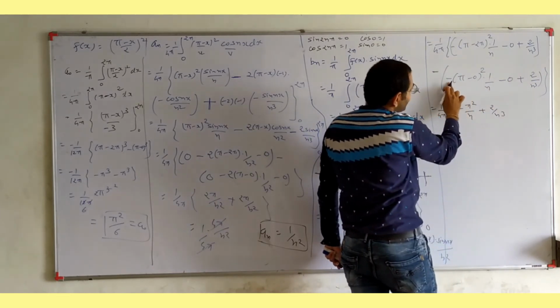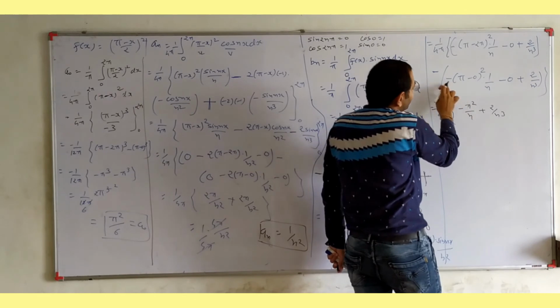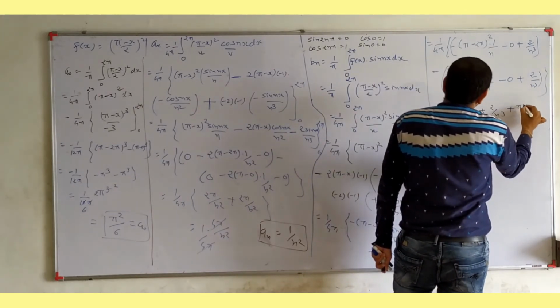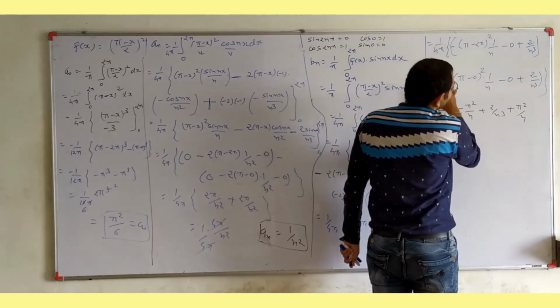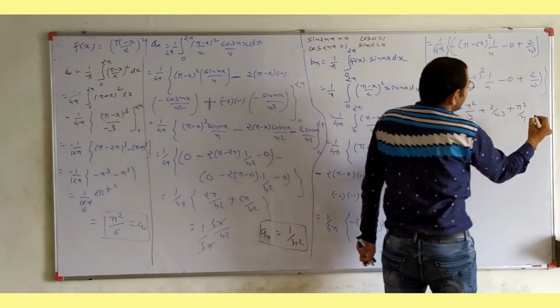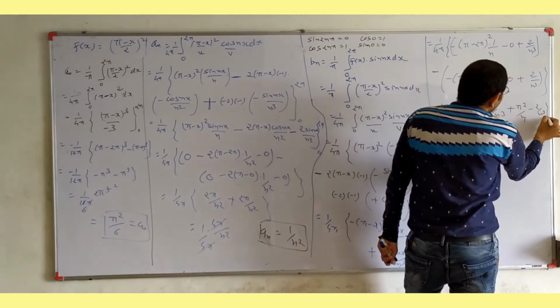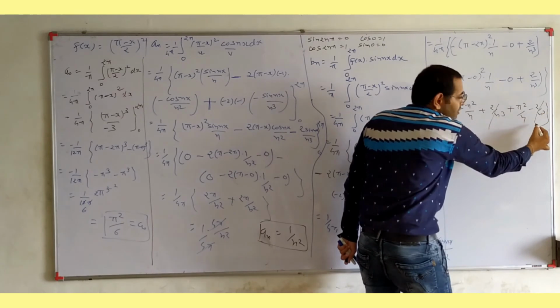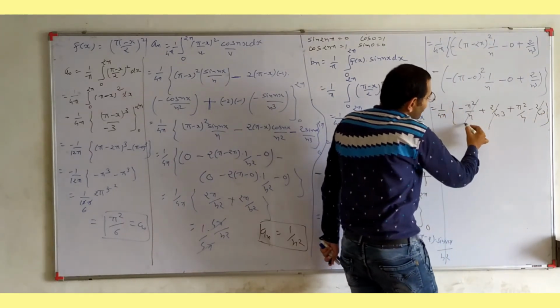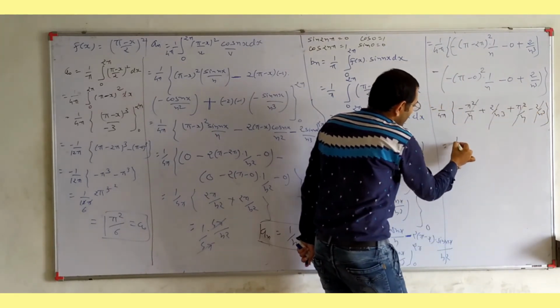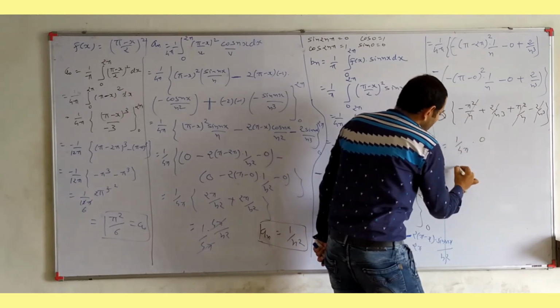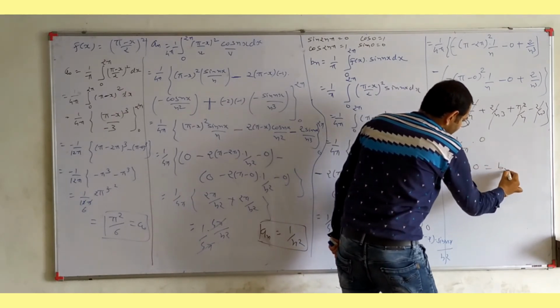Here minus pi square, then minus comes inside the brackets, then minus minus plus pi square by n. This minus comes inside the brackets, then minus 2 by n cube. Then here plus and negative cancel out. Similarly positive and negative also cancel out. Then 1 upon 4 pi into 0. Then we get 0. That is our bn.